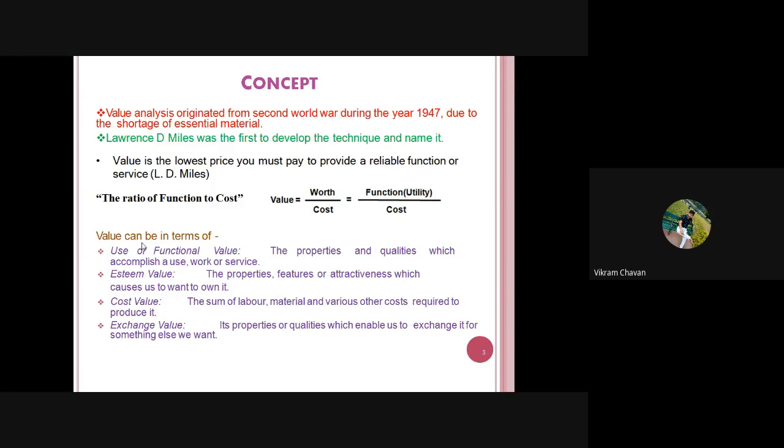That will be the exchange value of rupees and dollars, or rupees and euros. Exchange value is the property or quality which enables us to exchange it for something else we want. Now, these are the definitions we considered in the last lectures related to the different terminologies of value.